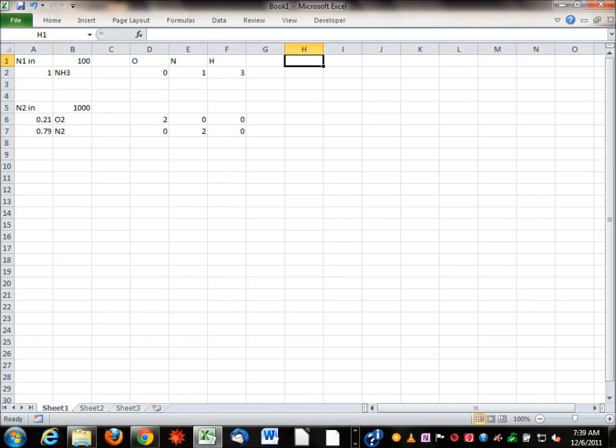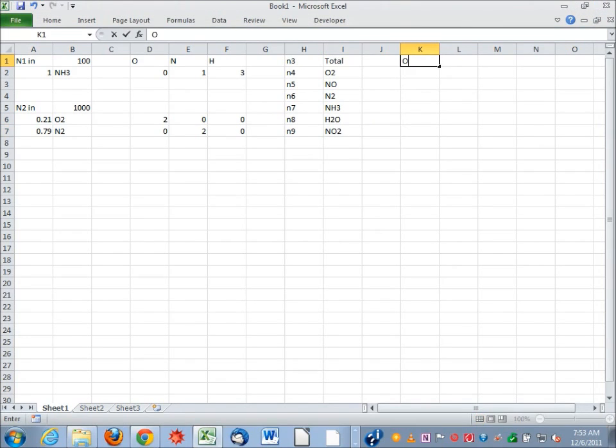We now set up our output columns: N3, N4, N5, N6, N7, N8, and N9, which is the total moles, the moles of O2, the moles of NO, the moles of N2, the moles of NH3, the moles of H2O, and the moles of NO2.